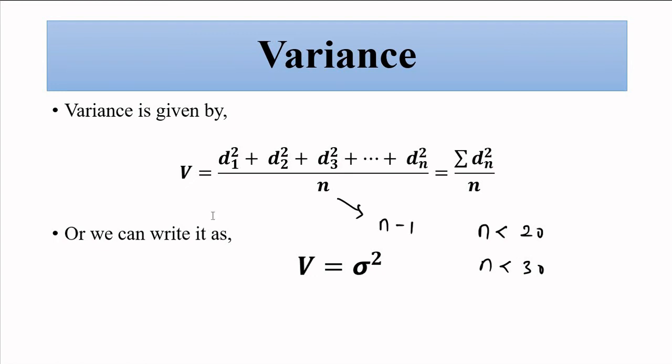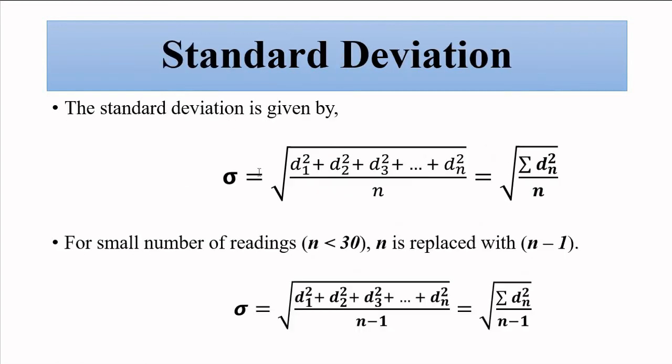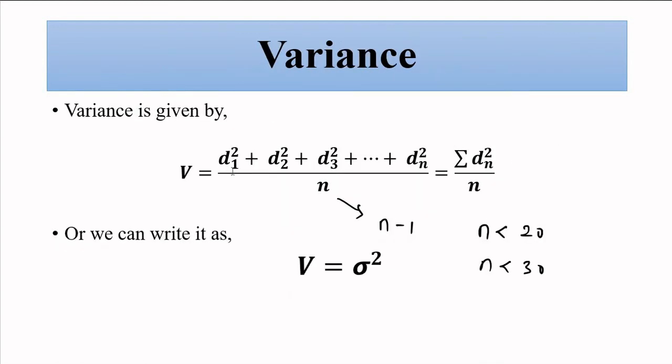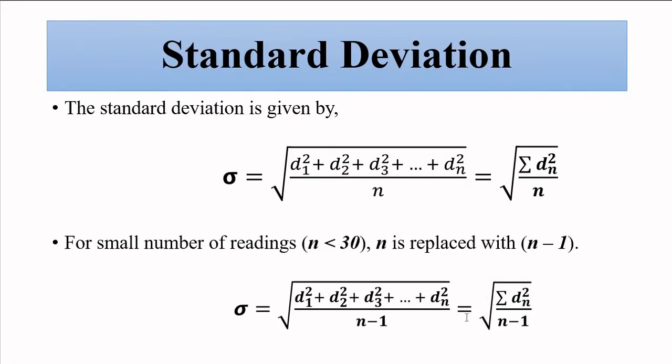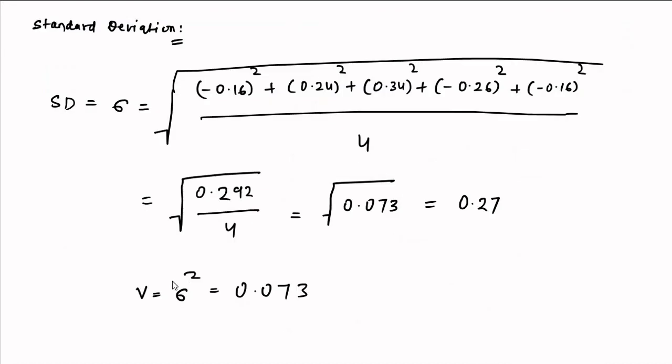So variance, just remember, is the square of the standard deviation. So for this data, the standard deviation is 0.27 and variance is 0.073.